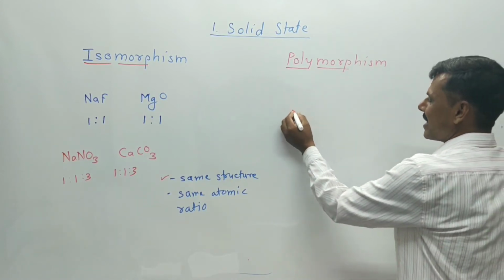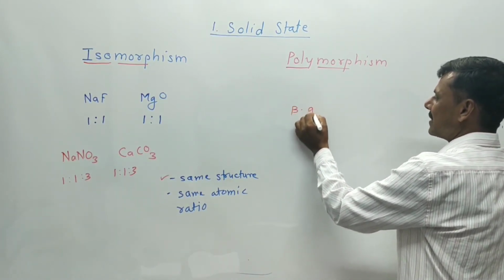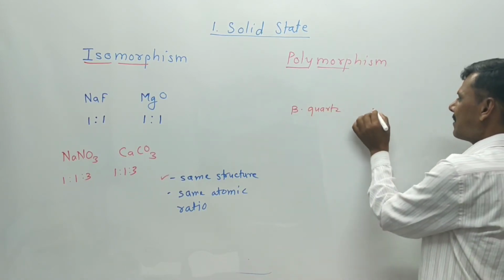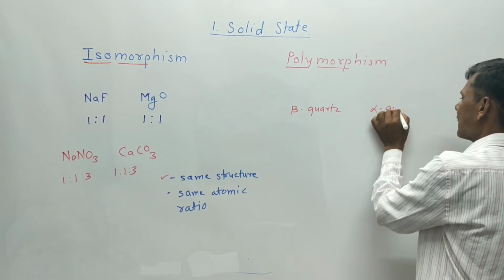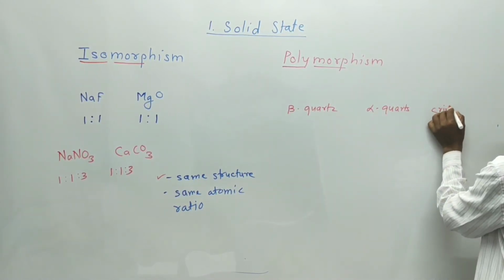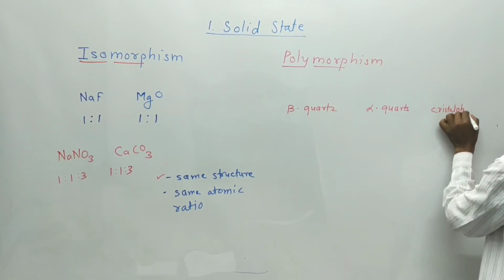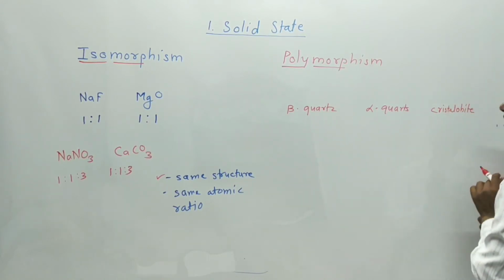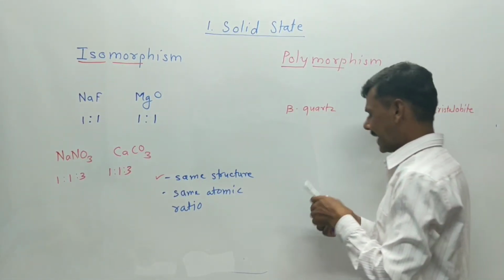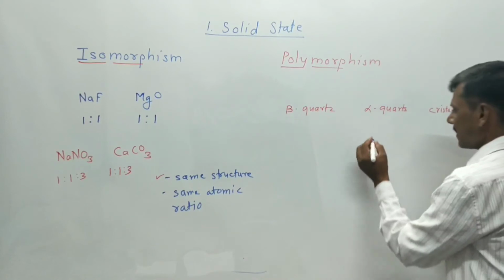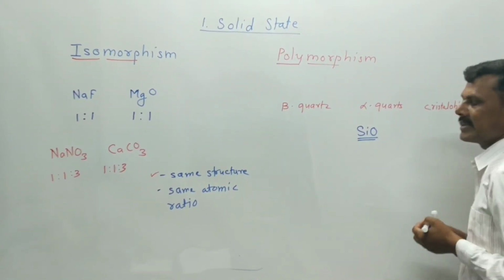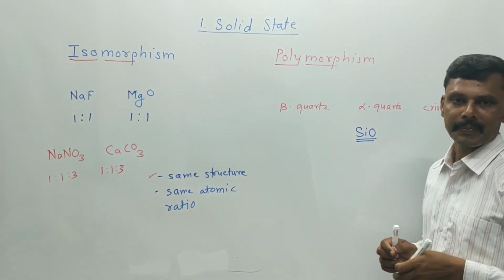Consider an example of beta cristobalite, then alpha cristobalite, so these are the compounds which contain SiO2.